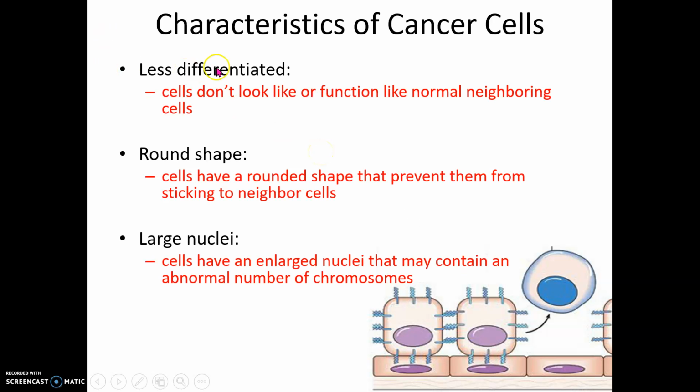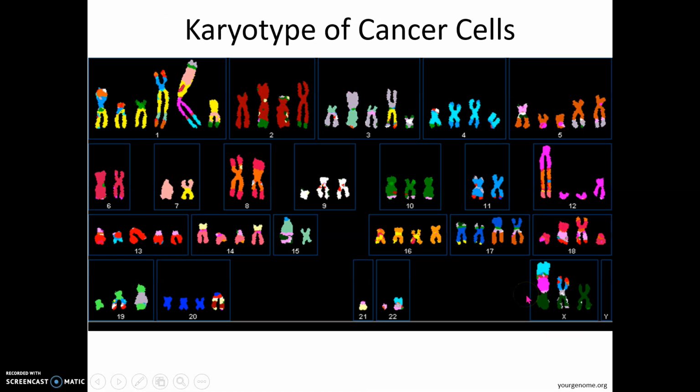Some more characteristics: cancer cells are less differentiated. If you look at these cancer cells under a microscope, you'll see that they look different than their neighbors. You'll see this rounder shape and larger nuclei. The reason for the larger nuclei is to accommodate an abnormal number of chromosomes.